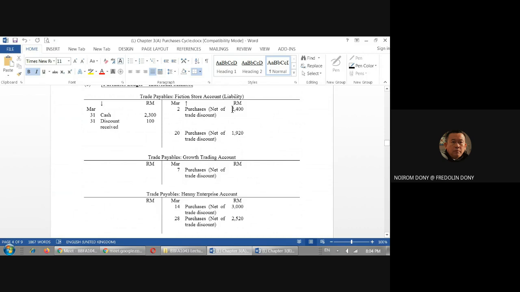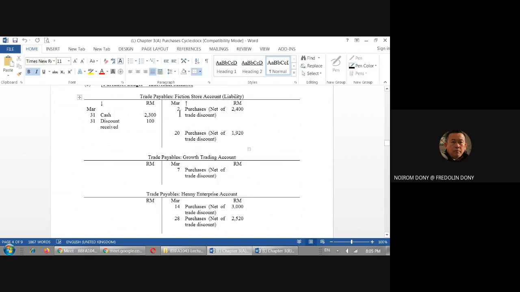So we have to record the net amount after the discount, remember that 2004, and we have to record according to the date of transaction and individual amount.